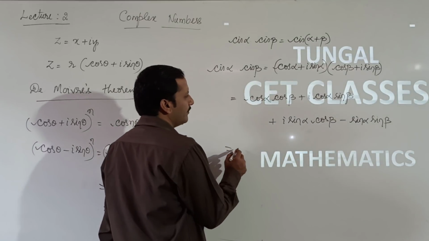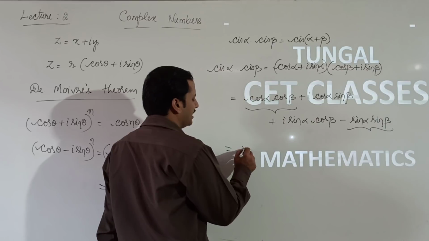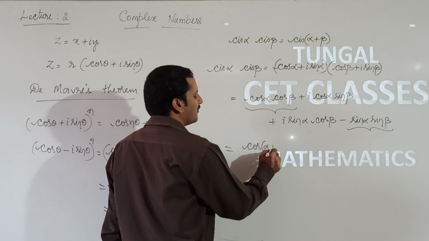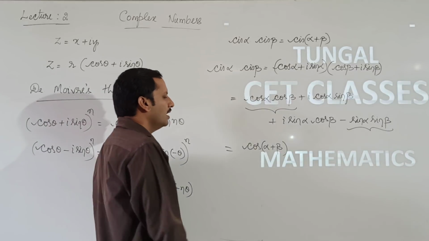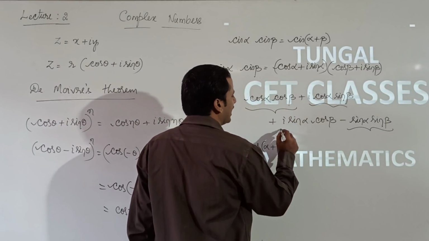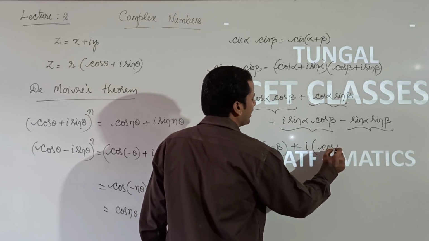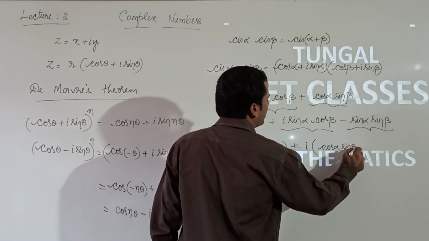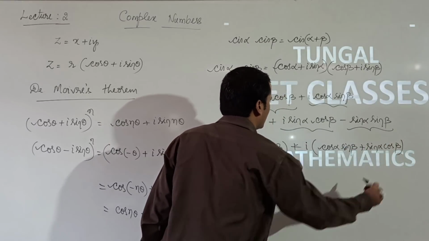That's equal. Now look at this. Cos alpha cos beta minus sin alpha sin beta can be written as cos of alpha plus beta. Cos a plus b is equal to cos a cos b minus sin a sin b. And between these two, I will take i as a common factor. So if I take i as a common factor, then we are left with cos alpha sin beta plus sin alpha cos beta. Okay.